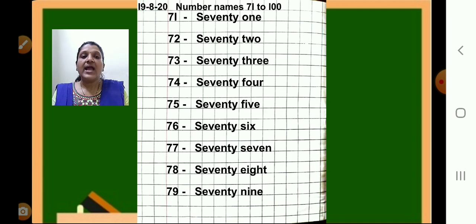Dash, SEVENTY, space, NINE. Then next is 80. Correct. Write 80, dash, EIGHTY. Write E capital.